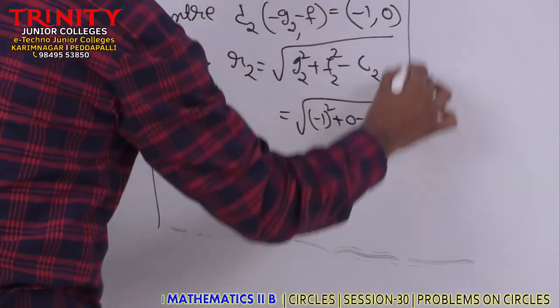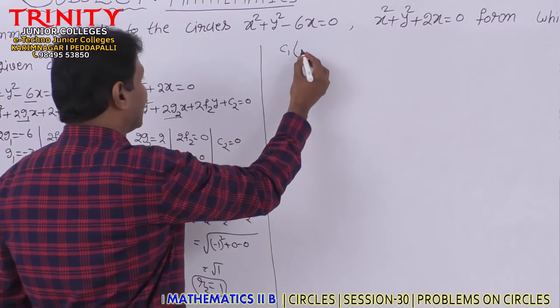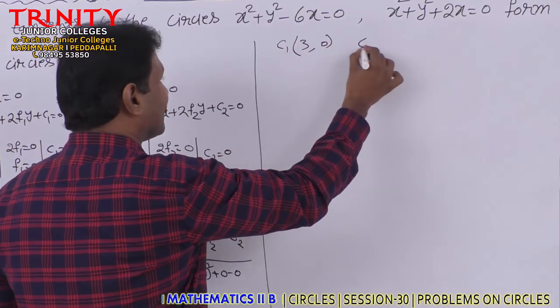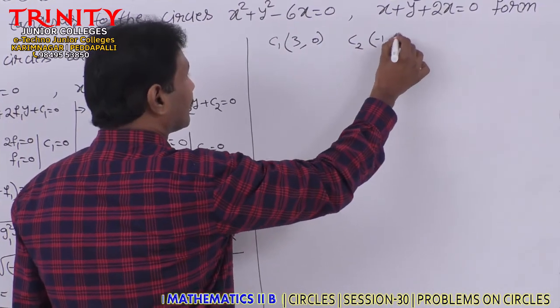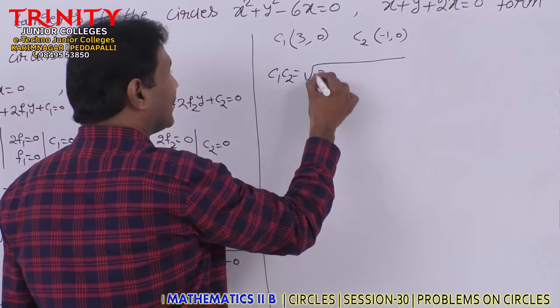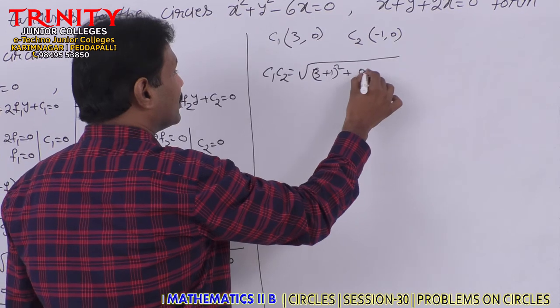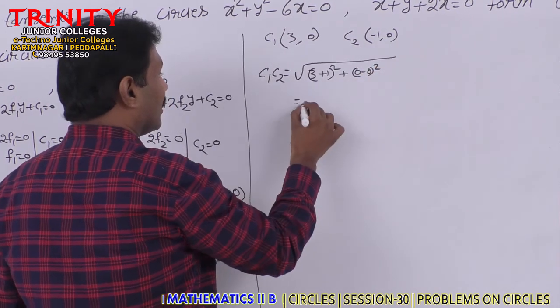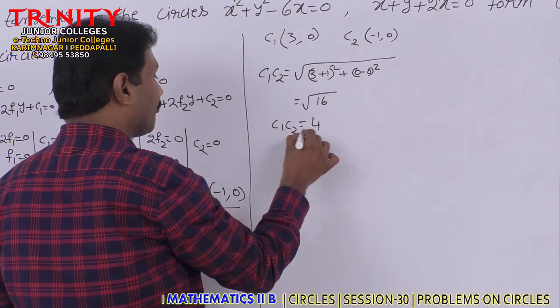Next, c1c2. Here c1 is 3 comma 0, c2 is minus 1 comma 0. c1c2 equal to square root of 3 minus of minus 1 whole square plus 0 minus 0, that equal to square root of 16. c1c2 equal to 4.